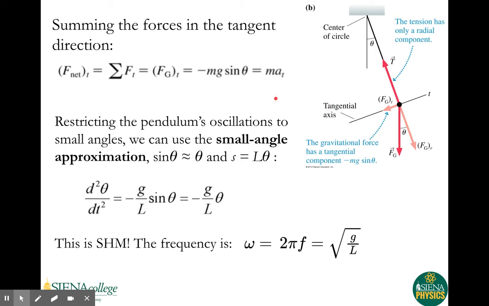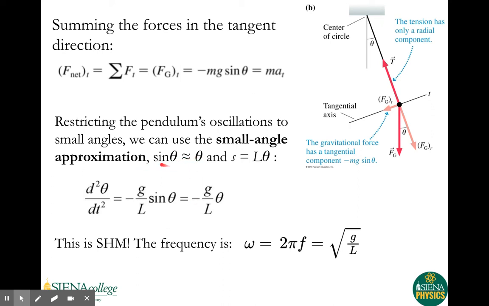That's pointing back the other way, and that's going to produce acceleration in the tangent direction. So we can write this acceleration as the second derivative of position, and our equation becomes d squared theta dt squared equals minus g over L times sine theta. This is already getting long, so we're not going to work through the details of that.